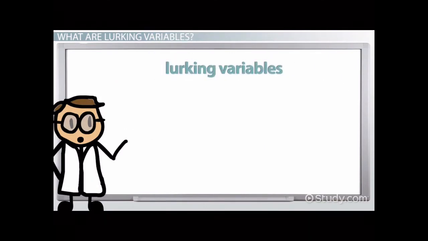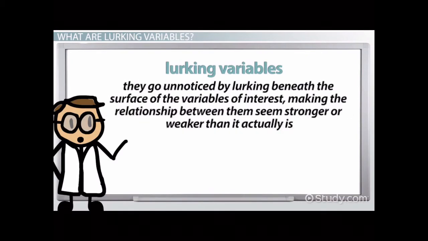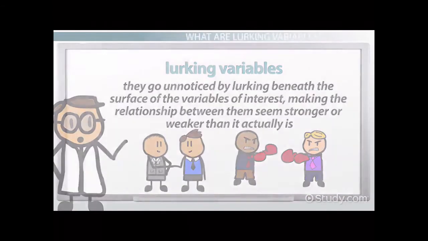Lurking variables are one kind of extraneous variable. They are neither of the variables under investigation, explanatory and response variables, but some other random variables that influence one or both. These random third variables are called lurking variables because they go unnoticed, lurking beneath the surface of the variables of interest, making the relationship between them seem stronger or weaker than it actually is.